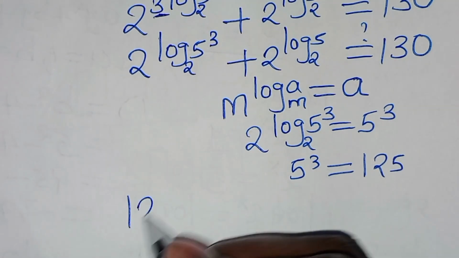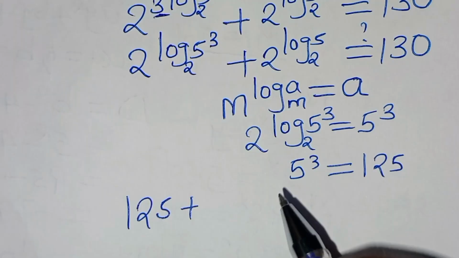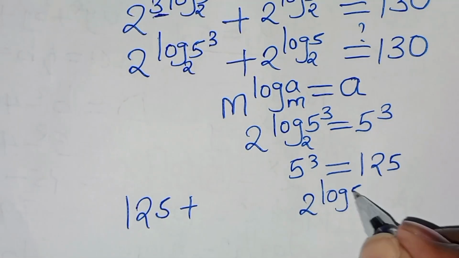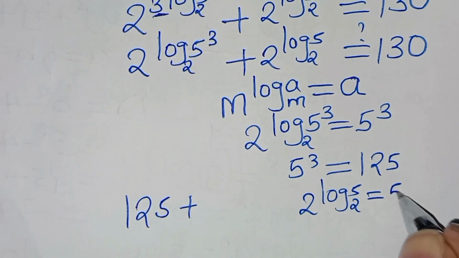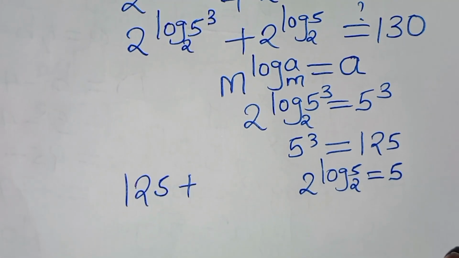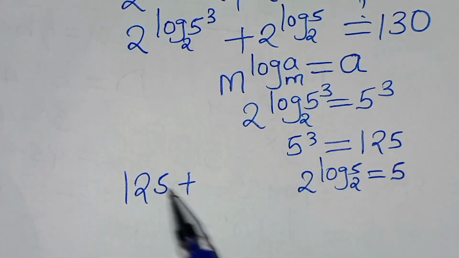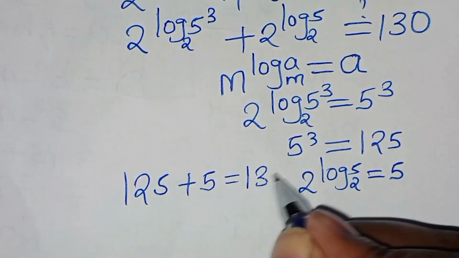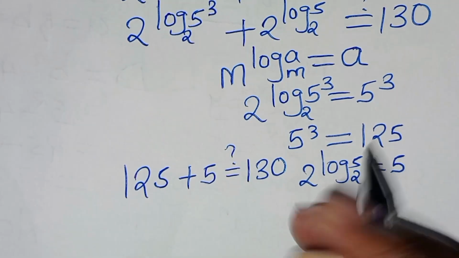So here we have 125 plus 2 to the power, now we have 2 to the power log 5 to base 2. This is the same thing as 5. So this implies that 125 plus 5, this is supposed to give us a value of 130.